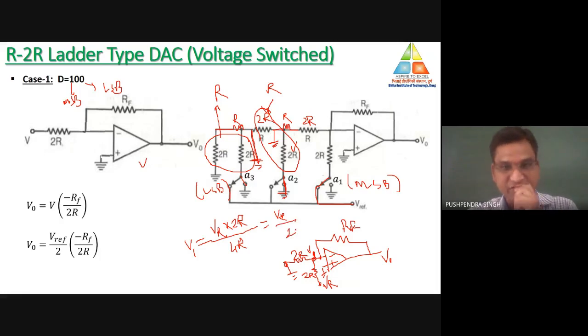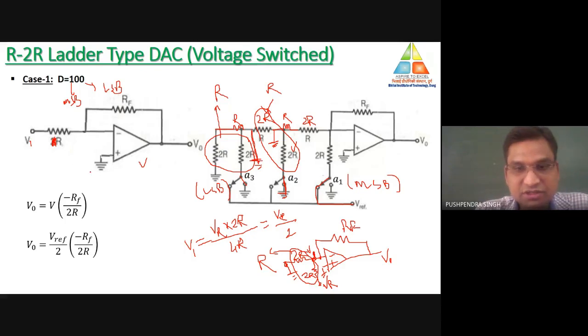And what is the value of the equivalent resistance? So take the Thevenin equivalent resistance. Thevenin equivalent resistance is 2R in parallel with 2R. That will be equivalent to R. So it's not 2R, it will be R. Let's make it correct, it's R. So this voltage source is V1.